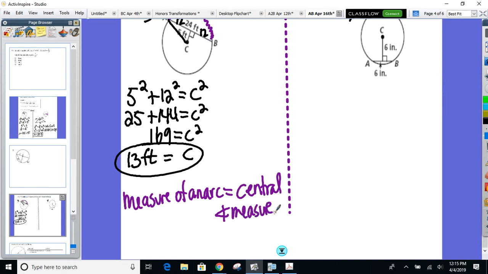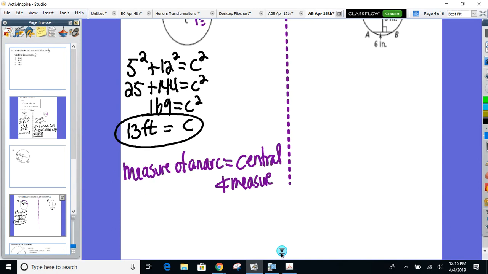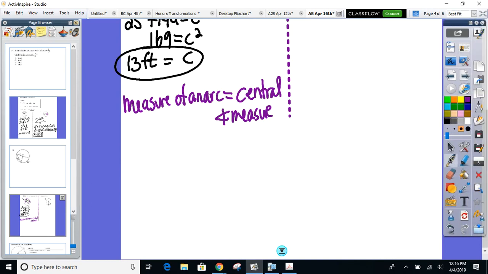So if I drew in the other radius up here, I just found out that they're 13 feet long. Everybody see triangle ACB that I have created. Let me draw it out down here. You guys can draw it out as well.